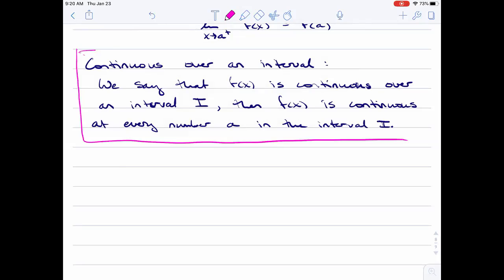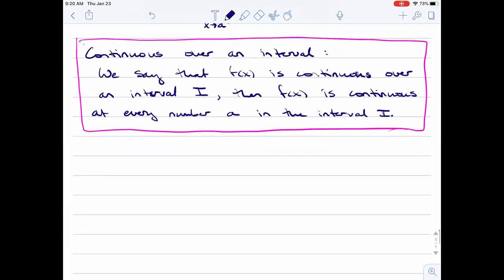Can draw a little box around here. So for example, if you have f of x is equal to root x, this is going to be continuous starting at 0.